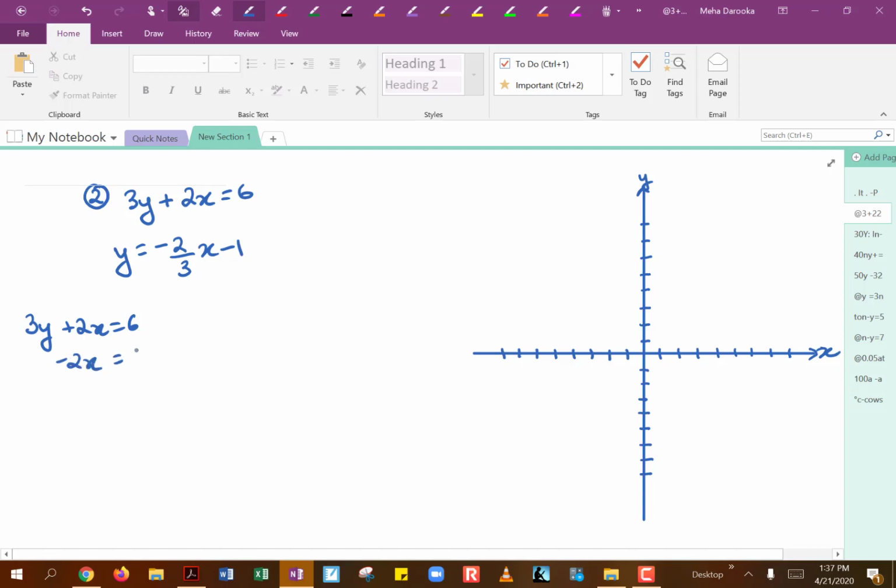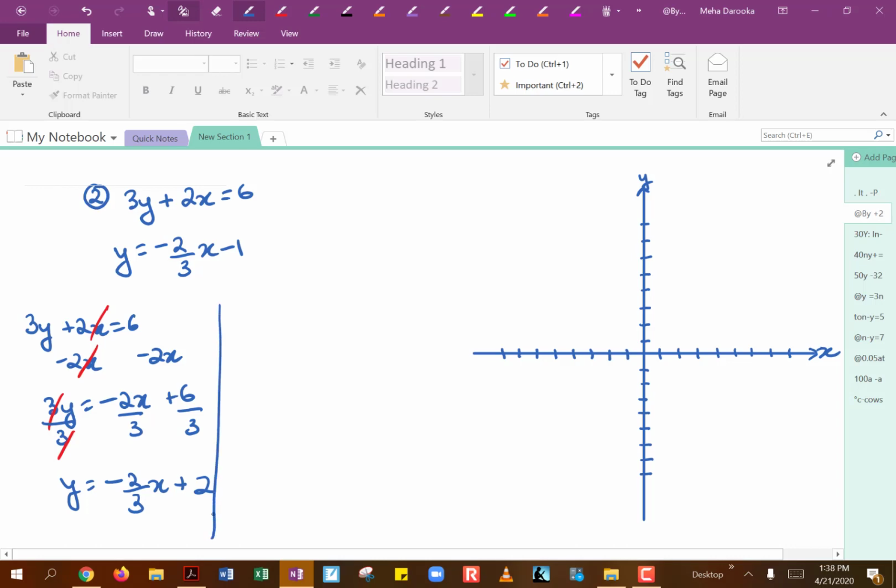I will start by moving that 2x to the other side, and then we will go ahead and divide everything by 3, get y by itself, and we end up getting negative 2/3 x plus 3 goes into 6 2 times, and then our second equation is y equals minus 2/3 x minus 1.